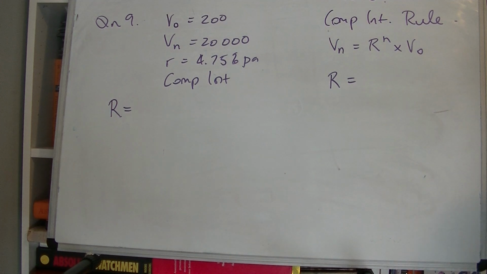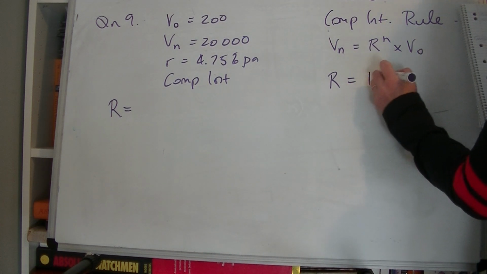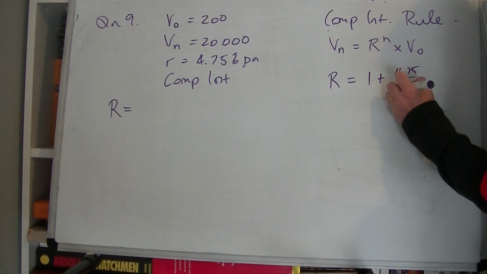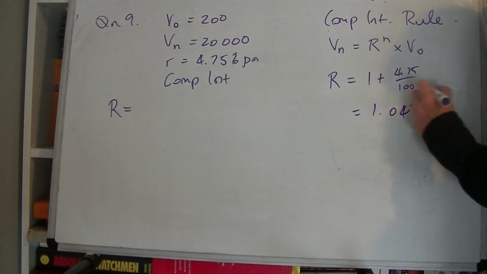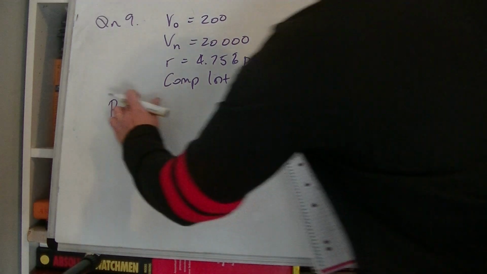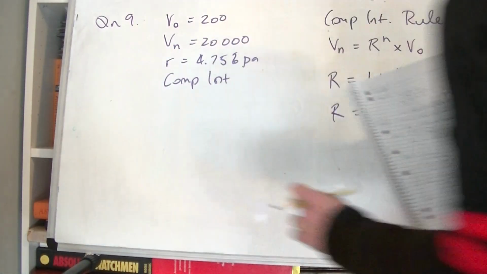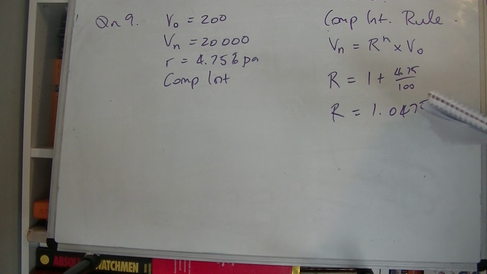In this case here for capital R, I've got 1 plus 4.75 over 100. So I get 1.0475, which I can now set up the rule.